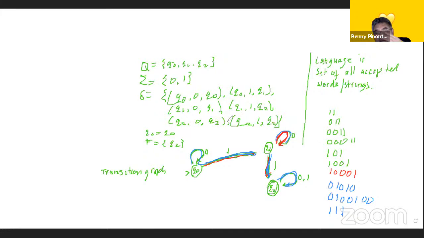Now, we're gonna make another example, which is a simpler one. Then you can just determine which one is the language, okay?